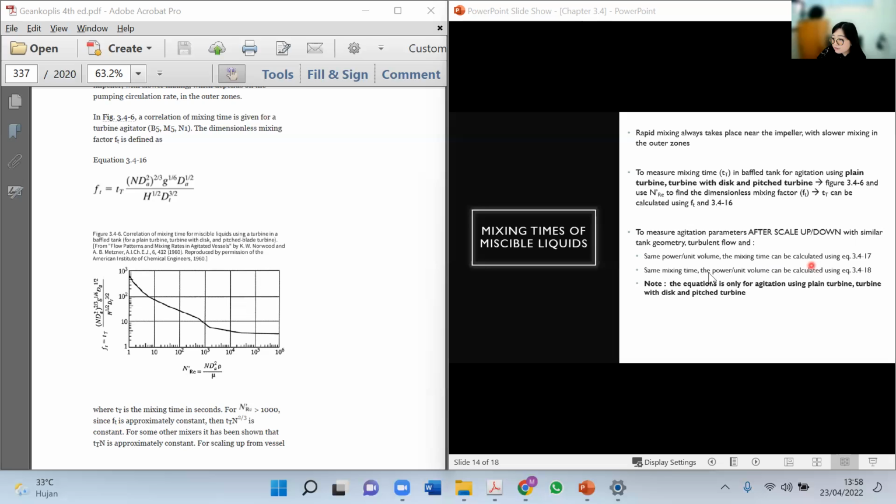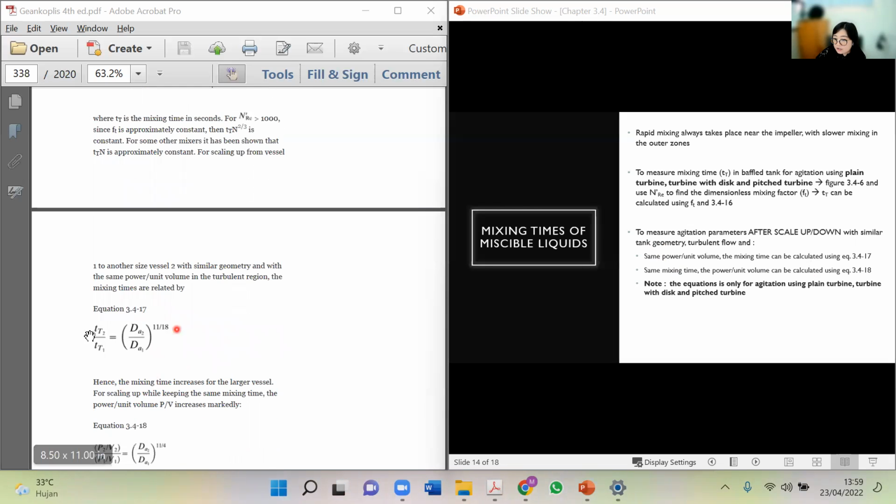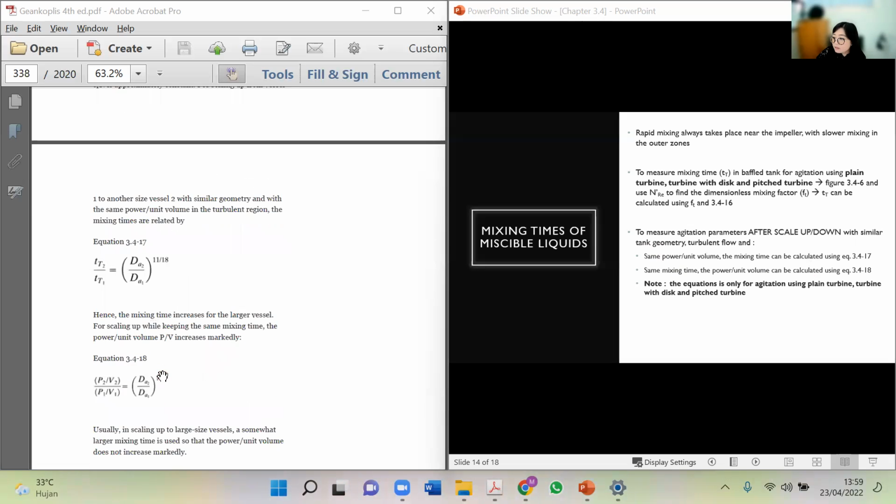This equation is specifically for similar geometry after scale-up or scale-down, turbulent flow, and the same power per unit volume. Meanwhile, for the same mixing time, we can calculate the power per unit volume.